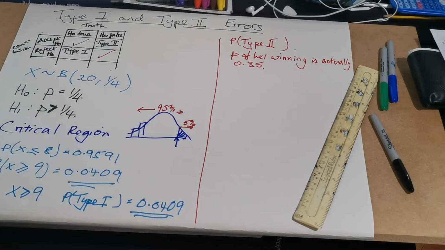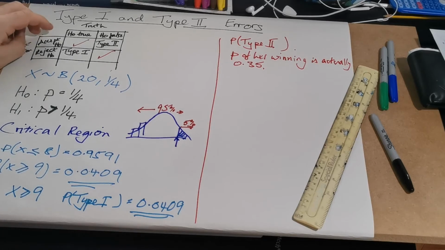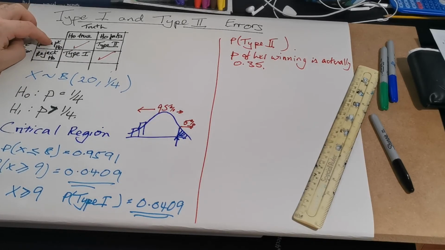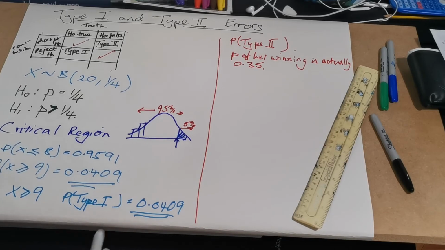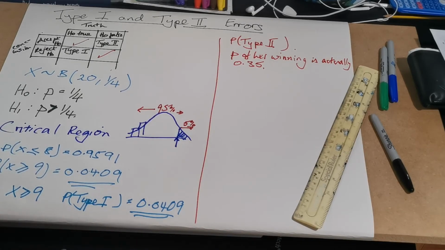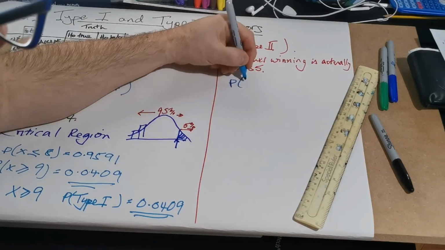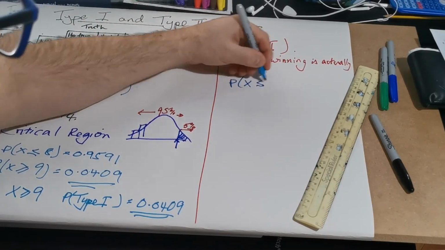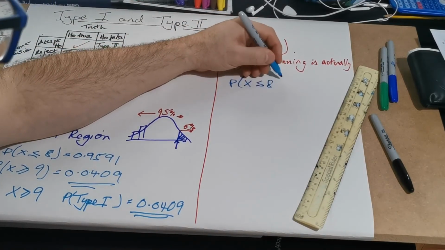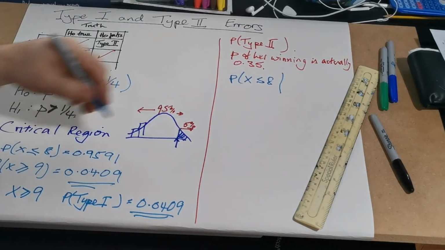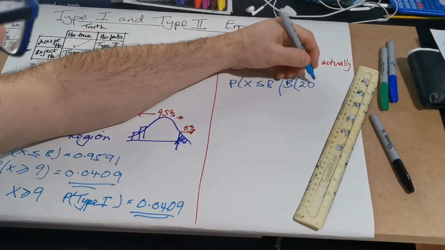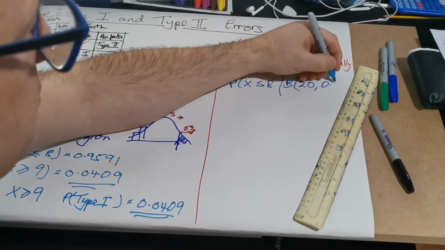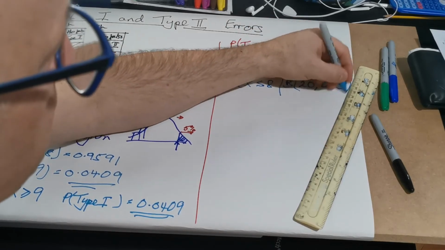So we want to look at the probability that we accept H0. Now we accepted H0 here if x was less than or equal to 8. So looking at the probability that x is less than or equal to 8. Given that, we are now working with a binomial of 20 rolls and a probability of 0.35.